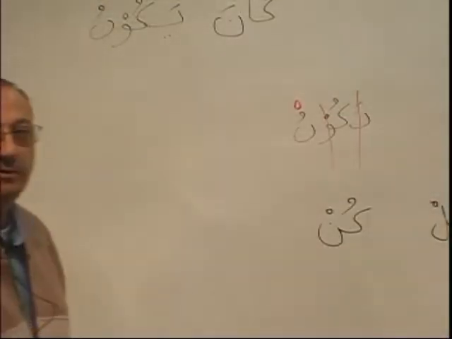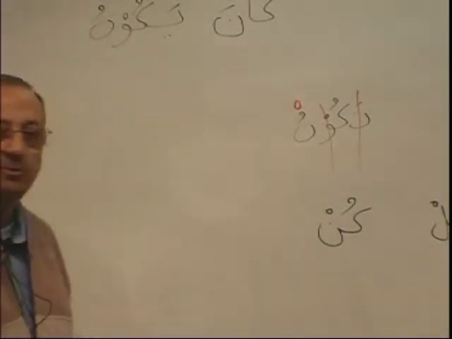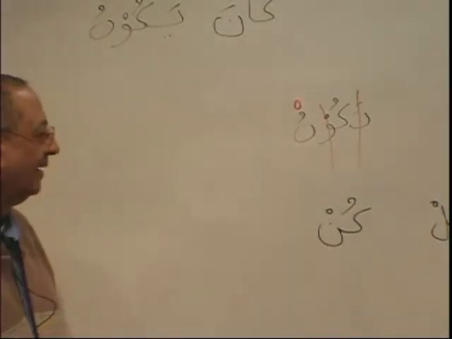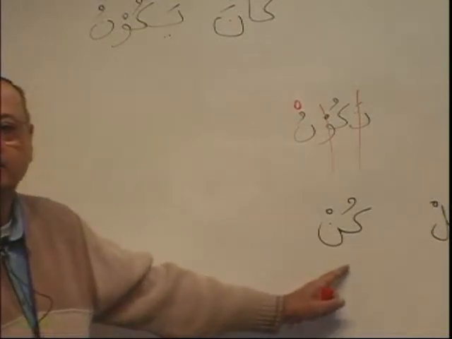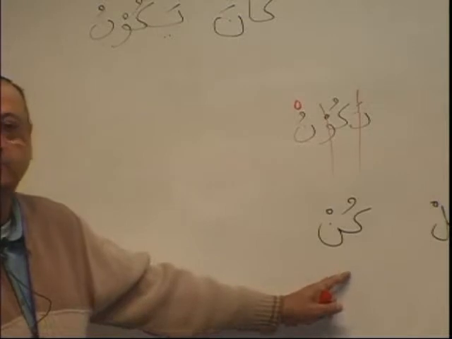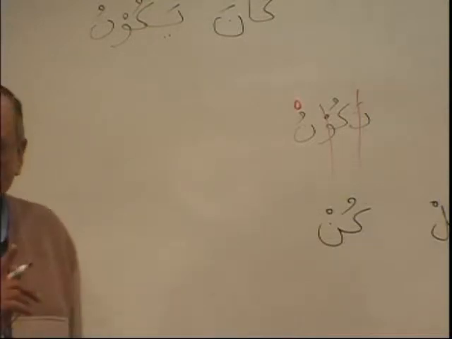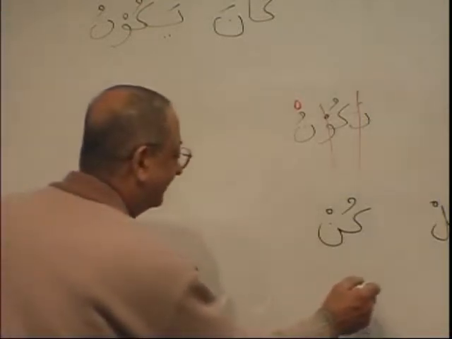Okay. Now I want to do a little more. It is coming in the next lesson, but I would like to do it because you are very sharp. Now, for singular, it's kun. How about dual? Kunna. But brother, in kunna, the alif will come.